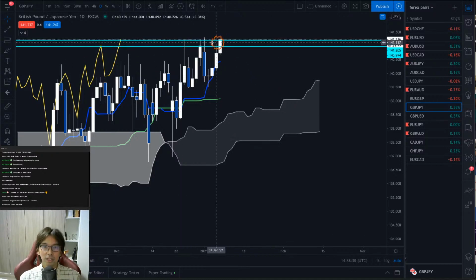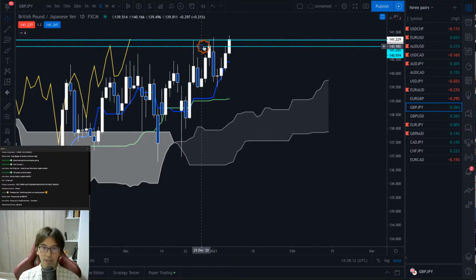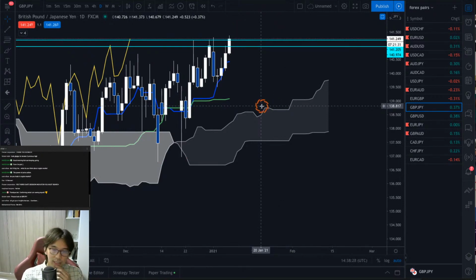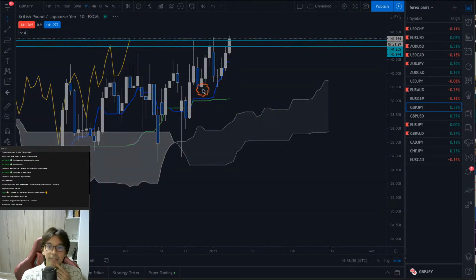And this also looks like the P wave structure. The highs remain the same, but the lows are getting higher and higher. So this is in the P wave, so it might break upwards this way. And with that in mind, let's take a look at the lower time frame. Let's see, the 1 hour.